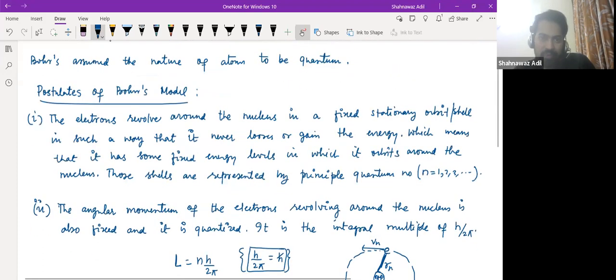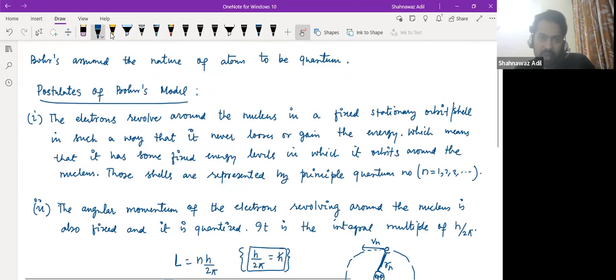And then we will, so I should write quantum mechanics.